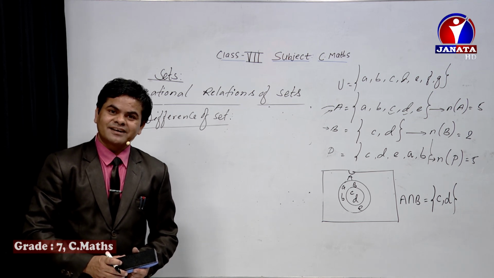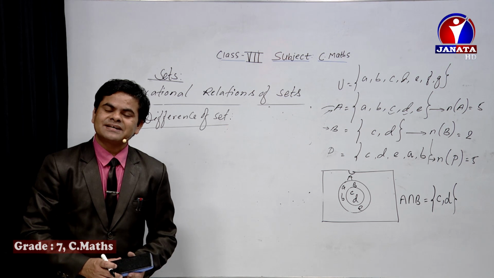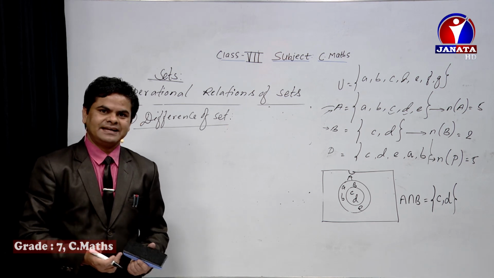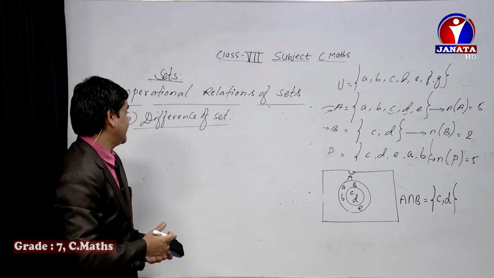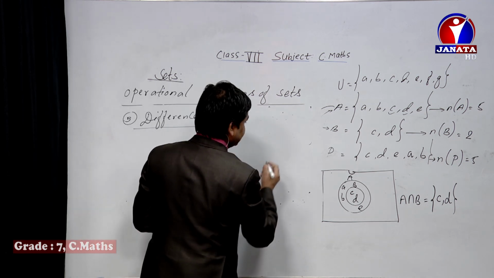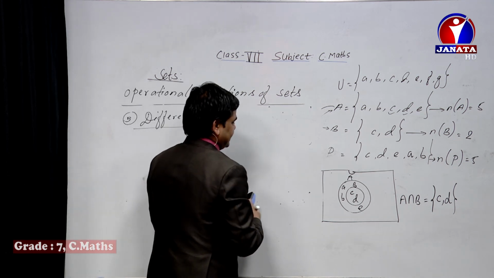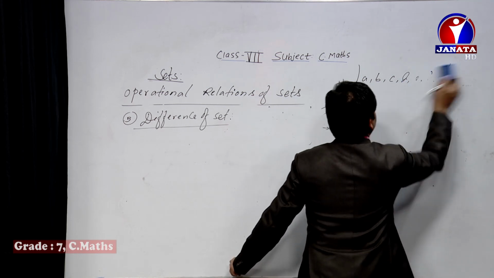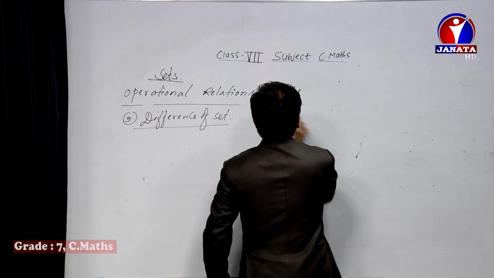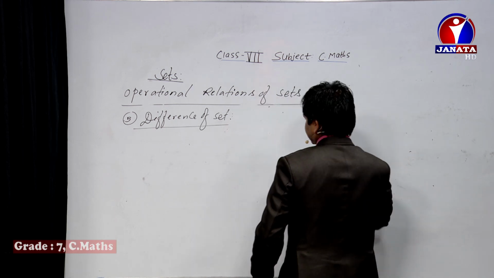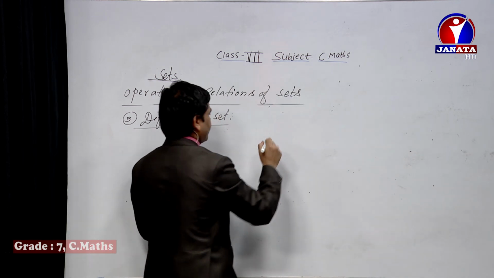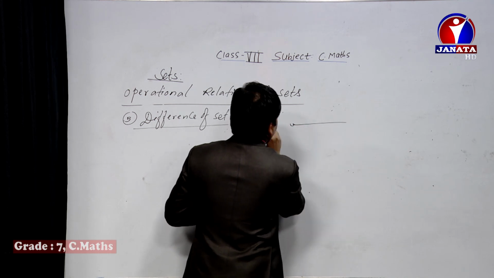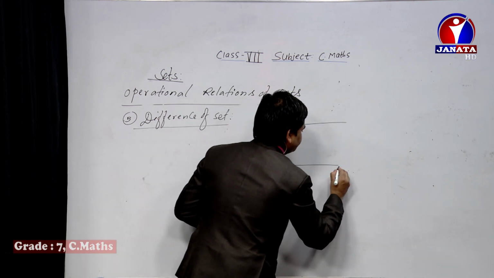It's not A minus B, but it's A difference B or B difference A. We need to pronounce it in that way. So difference of sets means, let's see in a Venn diagram what happens. Let's take another example. Why should we take the same example all the time? We can take another example. Let's see in a Venn diagram.